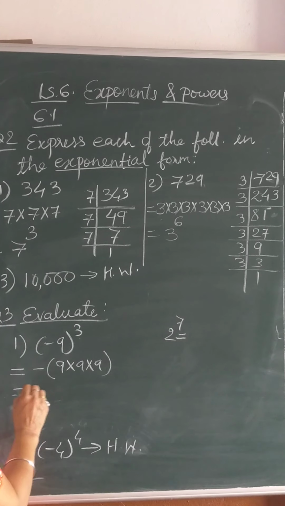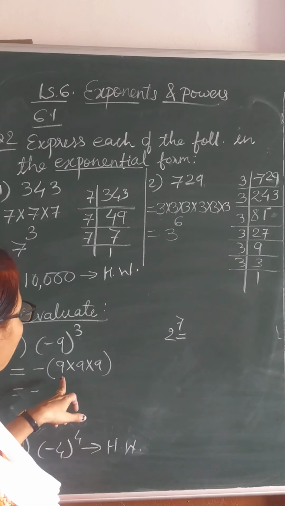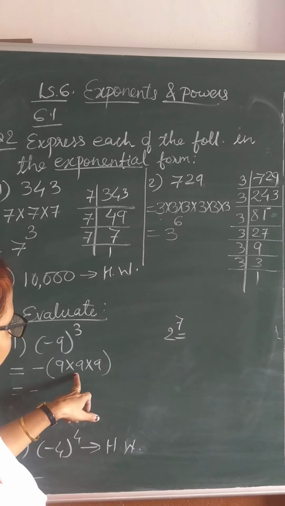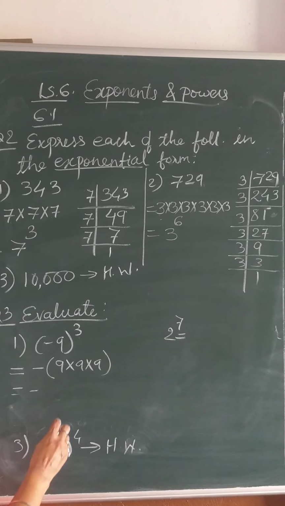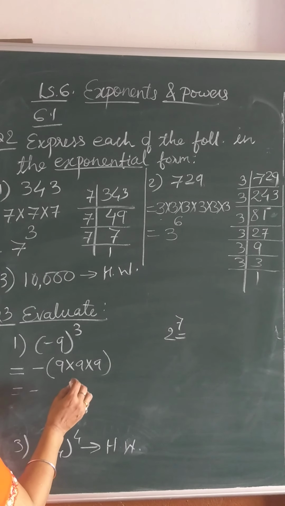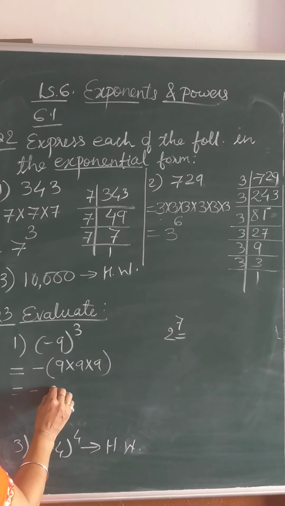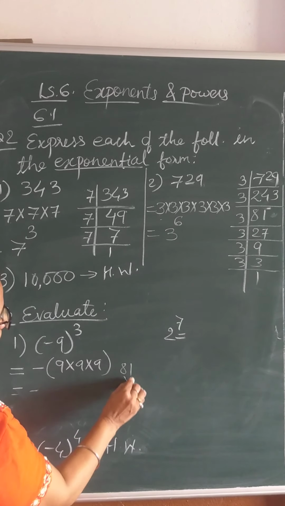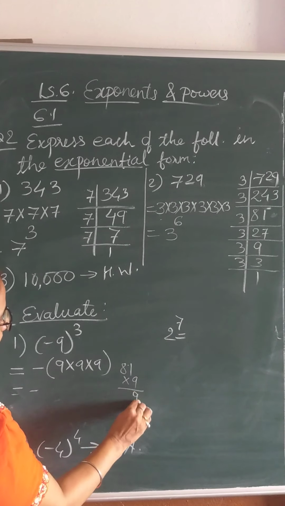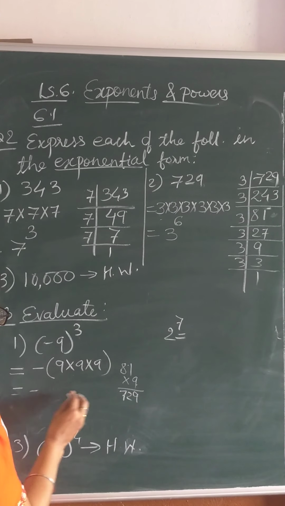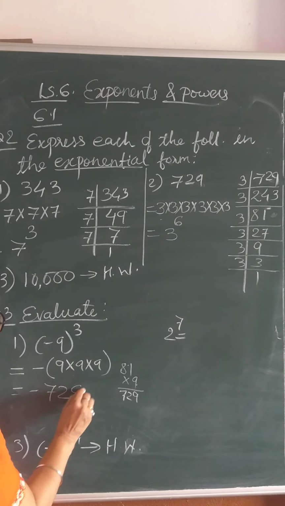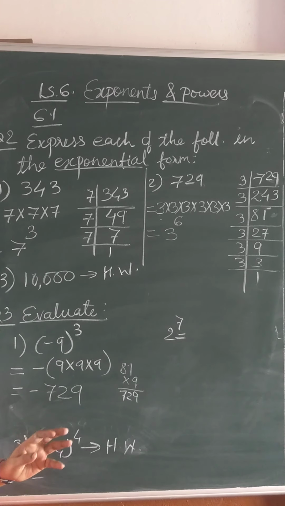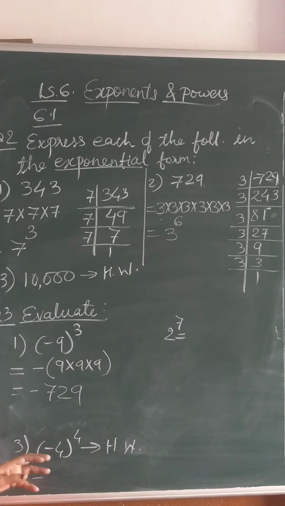Now multiply 9 into 9 into 9. 9 nines are 81. 81 into 9 is what? 9 ones are 9, 9 eights are 72, plus 7 is 79. So the answer is 729. In this way you can do the rough work.